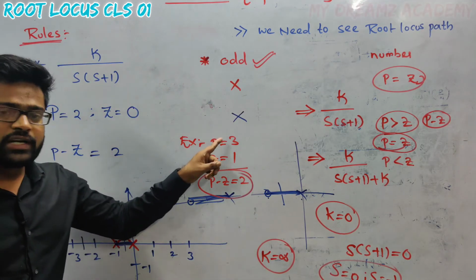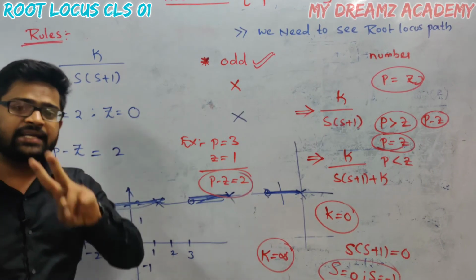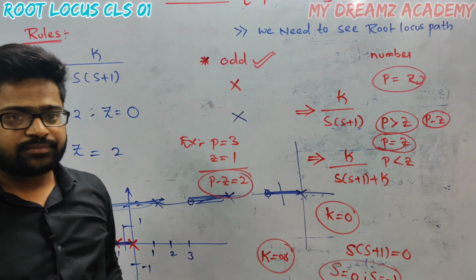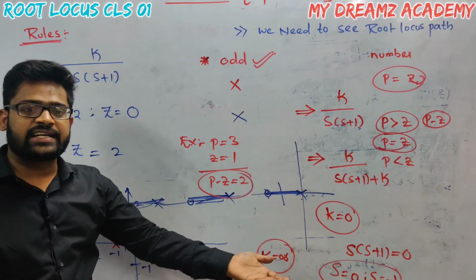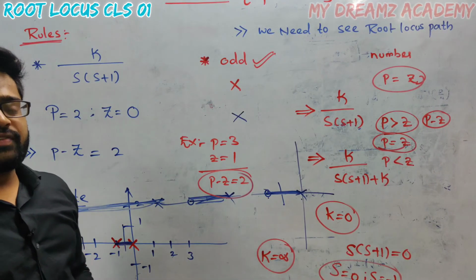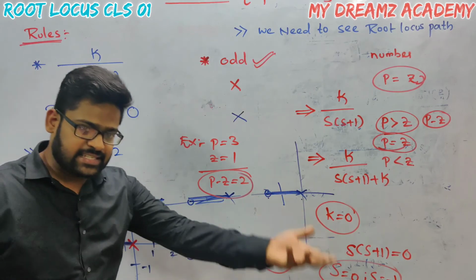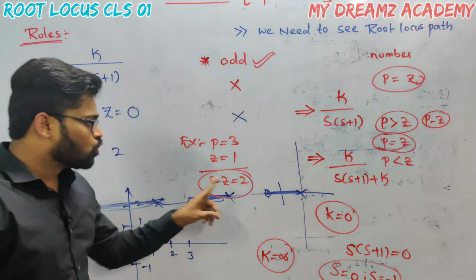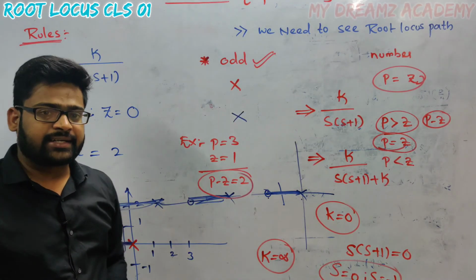So one pole reaches one zero, and the remaining two poles terminate at infinity. It depends upon many conditions, that is the angle of asymptotes and centroid, that we'll see in the next lecture. But as of now, remember that two poles will terminate at infinity.